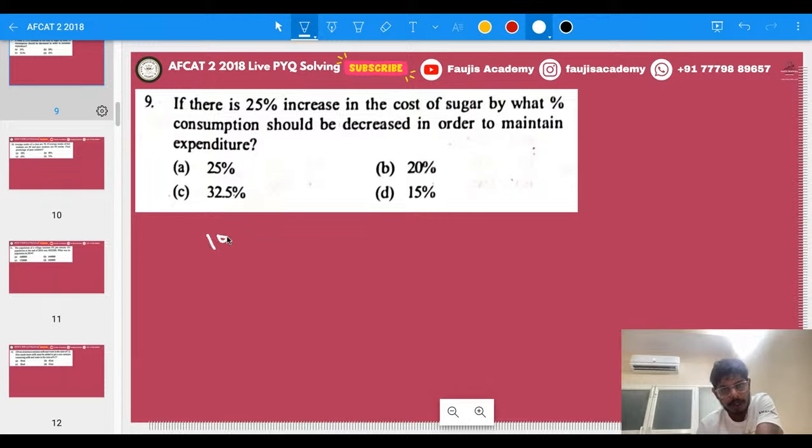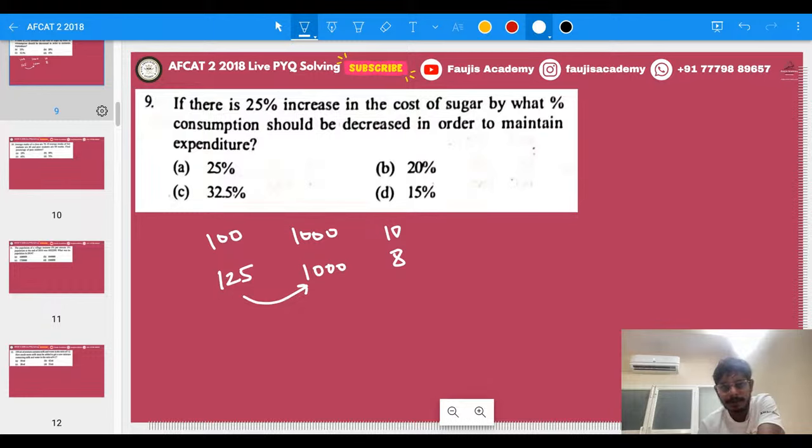You had 1,000 rupees and you used to buy 1,000 rupees of sugar. So you used to buy 10 kgs of sugar. Now the price has become 125. You are still having 1,000 rupees only. But this time you will be able to buy how much? Only 8 kgs of sugar, 1,000 divided by 125, right?